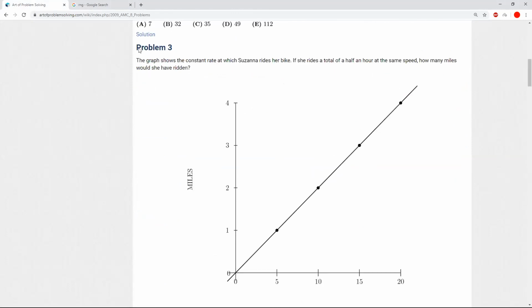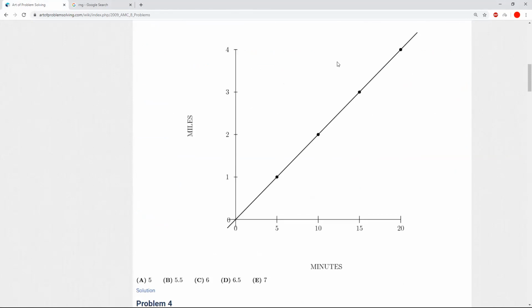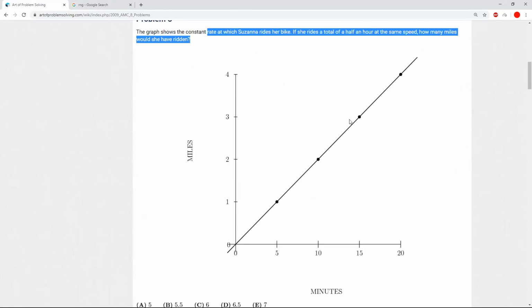Okay, so this question says, the graph shows the constant rate of Susanna riding her bike. If she rides a total of half an hour at the same speed, how many miles will she have ridden? So they give us minutes versus miles. So if we look at these points, let me draw it.